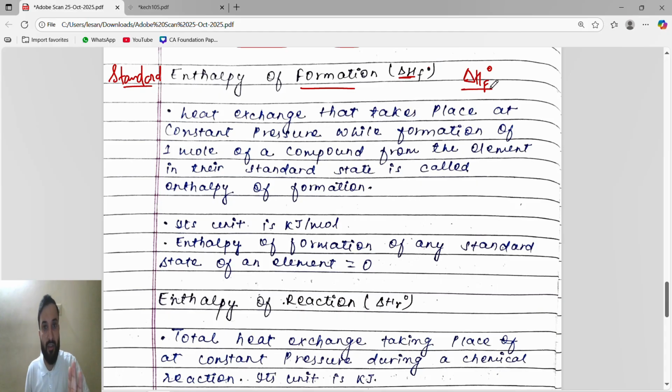Here we are talking about standard because we will take the standard state of the element at standard condition. What is standard condition? 1 atm at constant pressure. Okay, so enthalpy of formation.